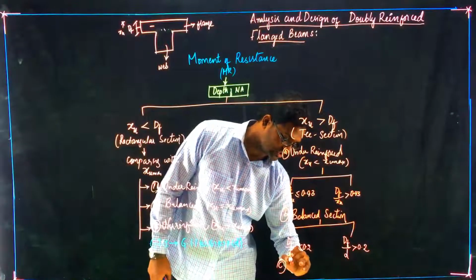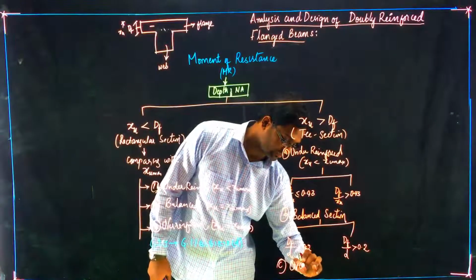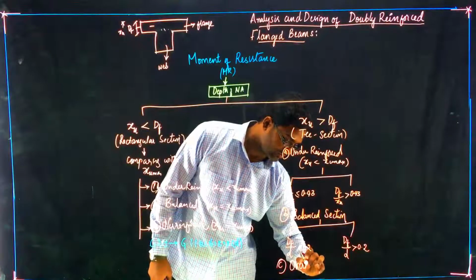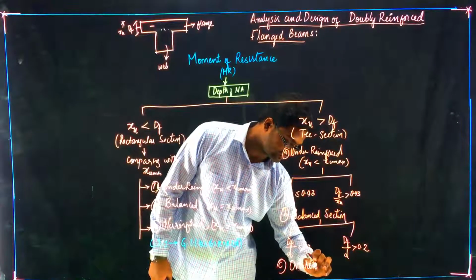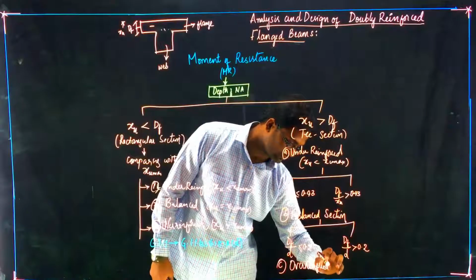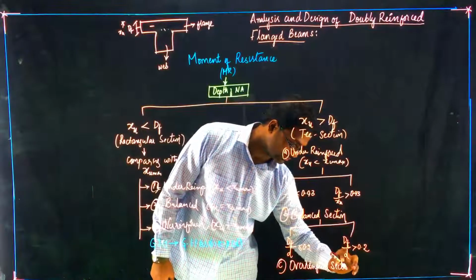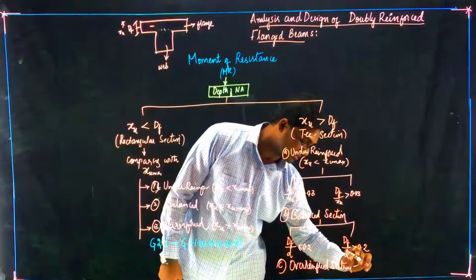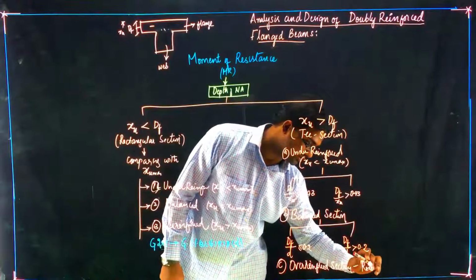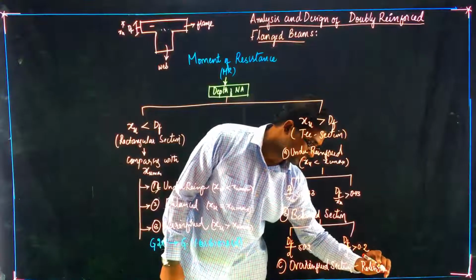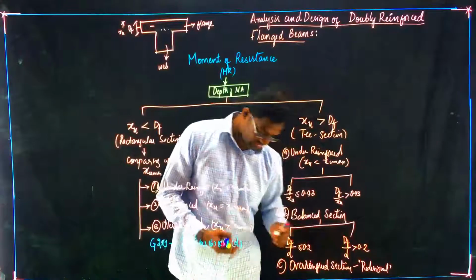The last section, over reinforced section, shall be completely redesigned. That is what the code says. It should be avoided and redesigned.